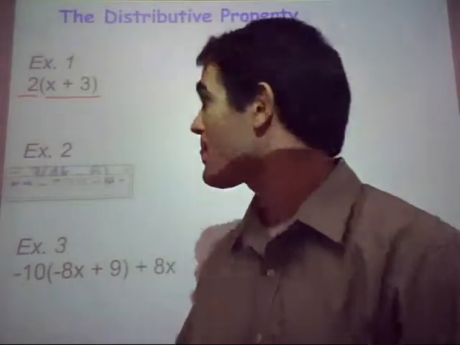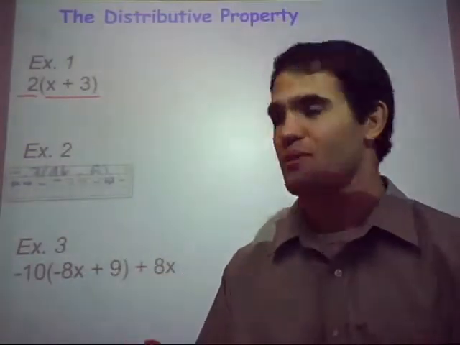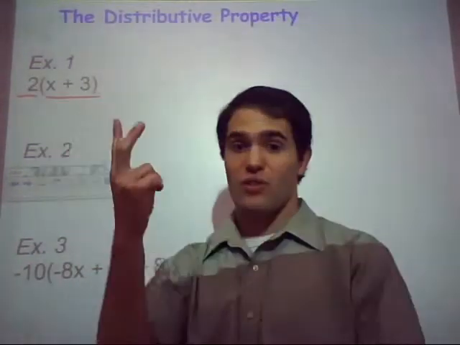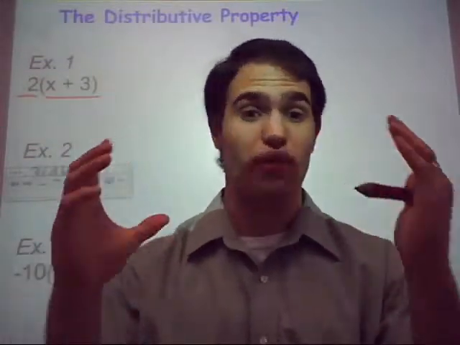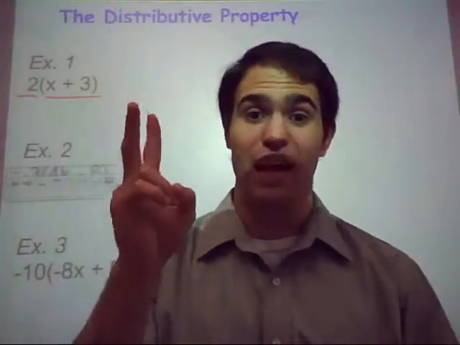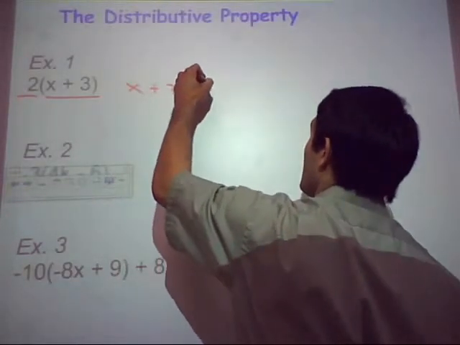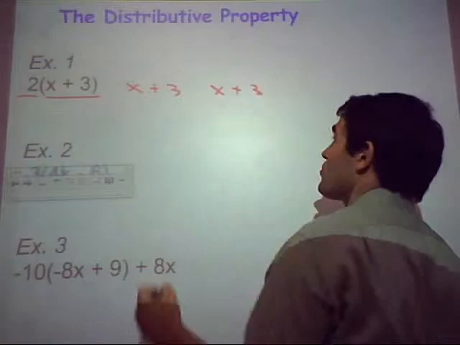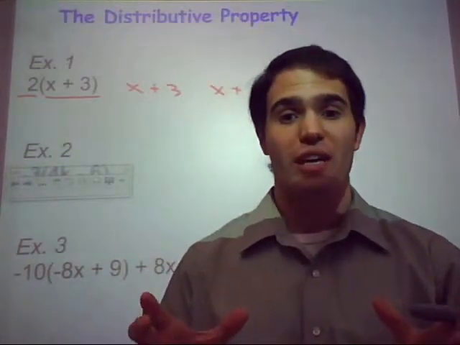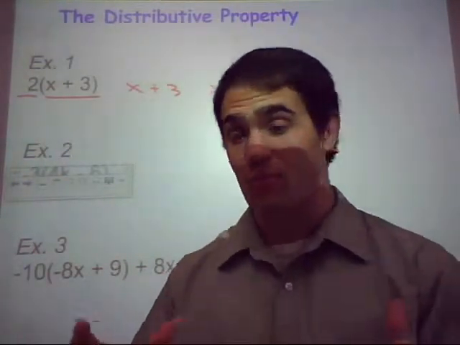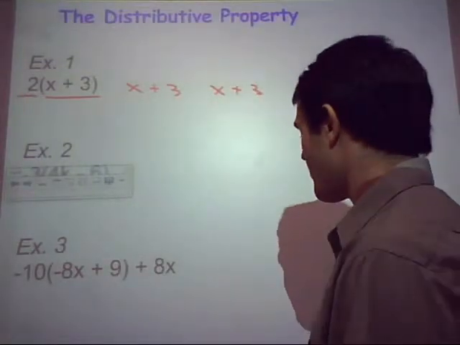We're multiplying. Now, let's think about what this means. This means I have 2 x plus 3s. Whatever x plus 3 is, I have 2 of them. So I have x plus 3, and then I have x plus 3. Let's think about this in terms of combining like terms. How many x's do I have?